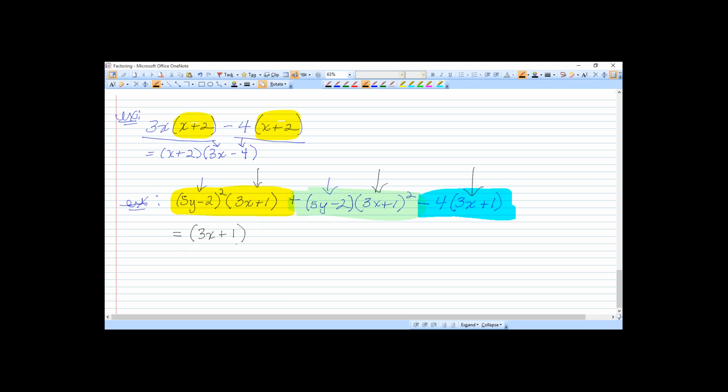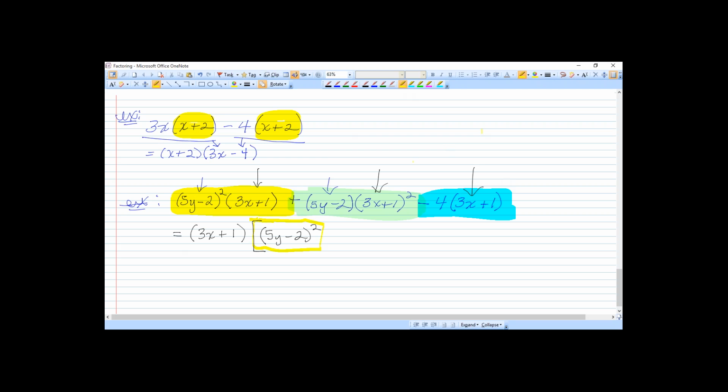So we write that out to the front, and now we write parentheses and start writing our leftovers. So what's left over for the first, the yellow term, is the (5y minus 2) squared. That's it for the first part, right? That's done.